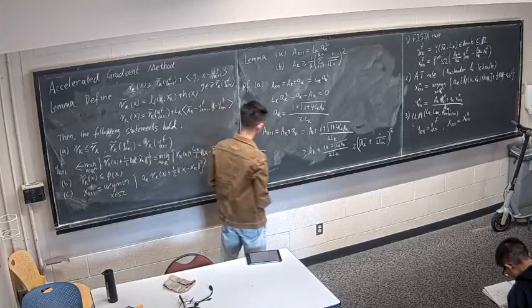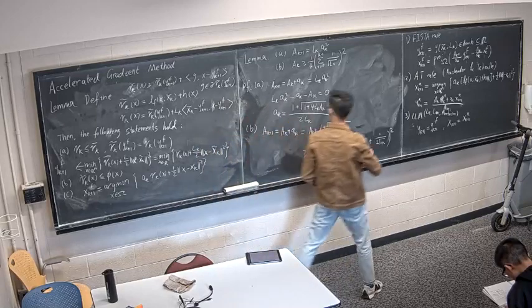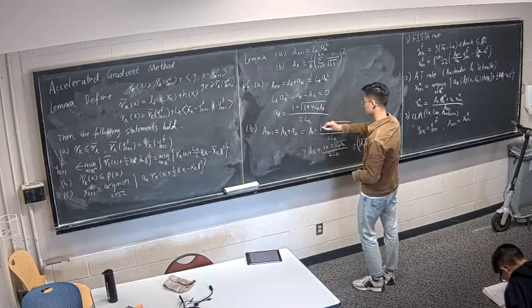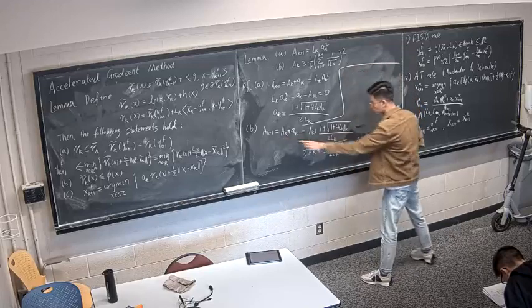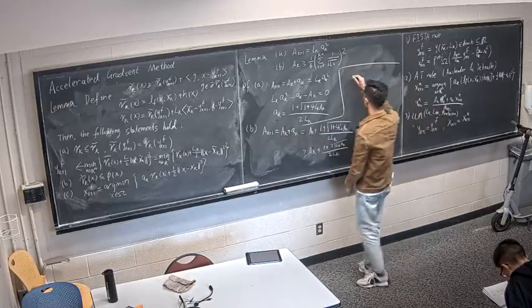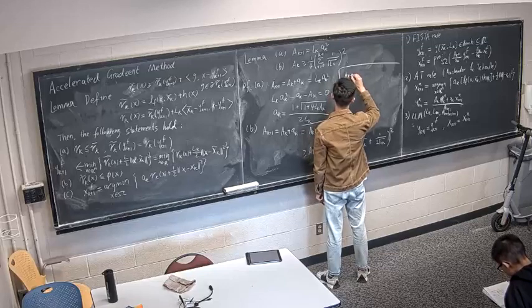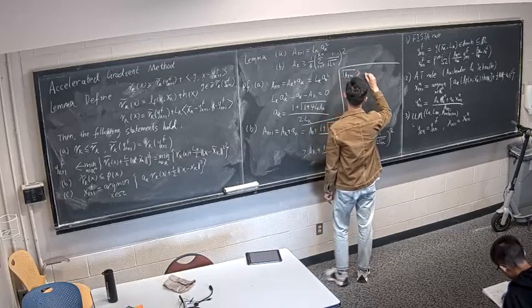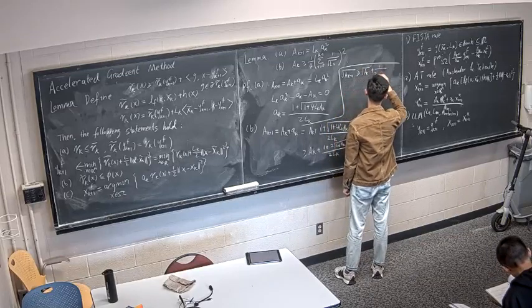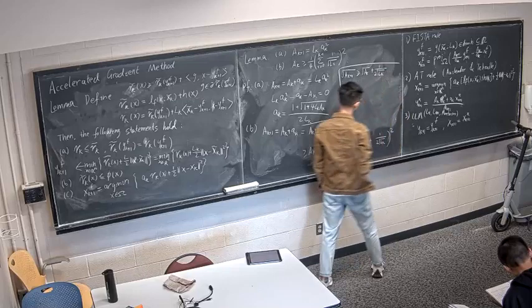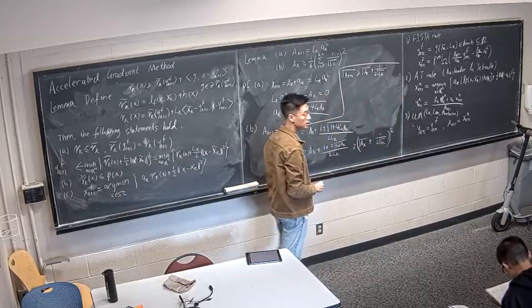Right. And hence, with this, we can show that. So if you take the square root of this inequality on both sides, then you have A_{k+1}. Right.